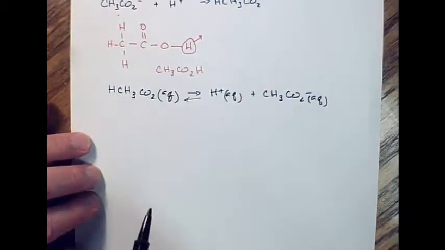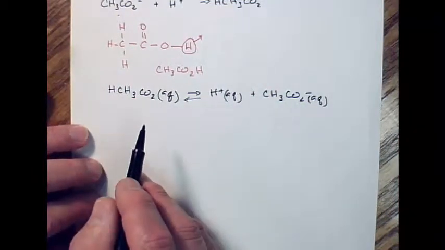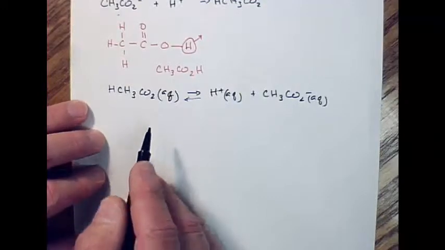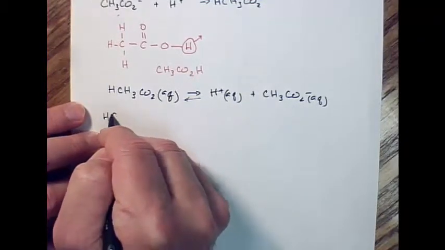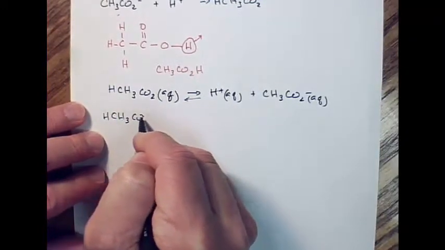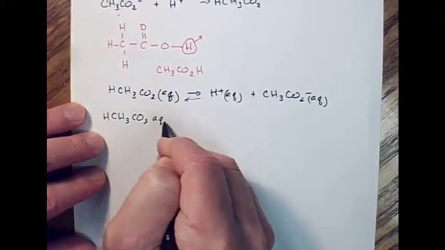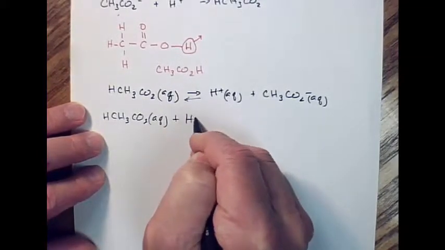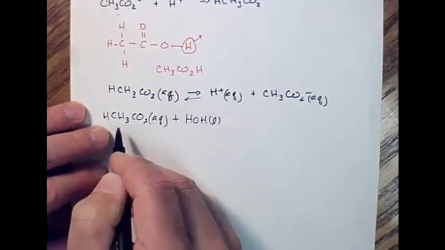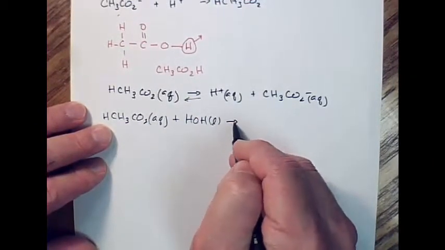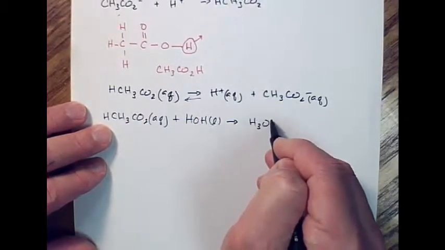Okay? If we're going to write this in terms of the Bronsted-Lowry theory, then we need our acetic acid. And we need a water molecule for the hydrogen ion to go and join up with. And we get hydronium then.